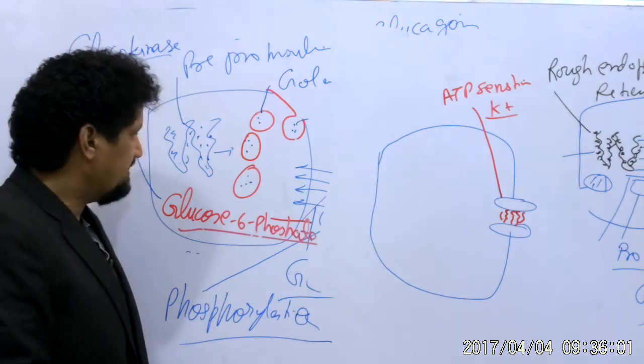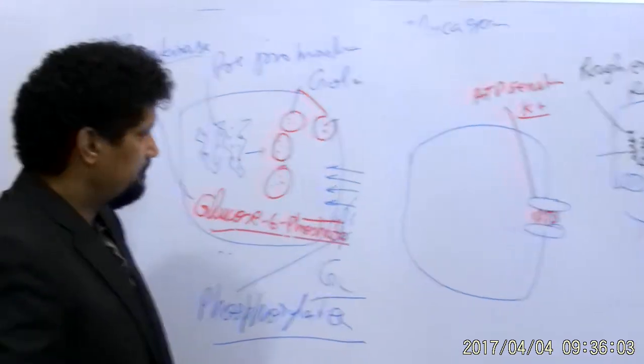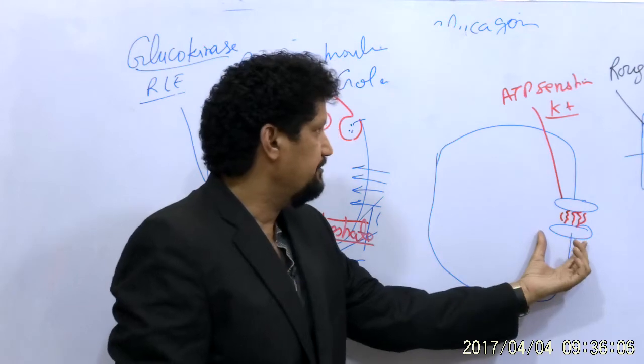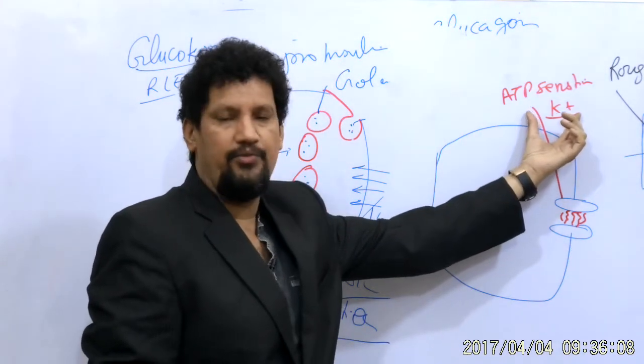When there is production of ATP inside the cell, this ATP sensitive potassium gate will be closed.